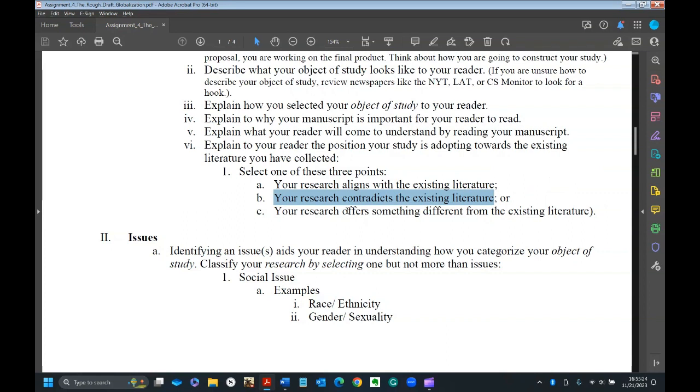Okay. Now, for the final selection for this particular point of the introduction, you could also decide that your research offers something different from the existing literature.